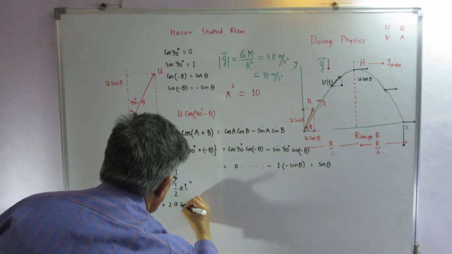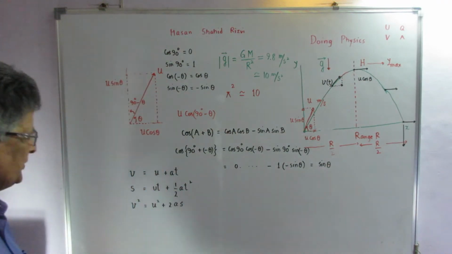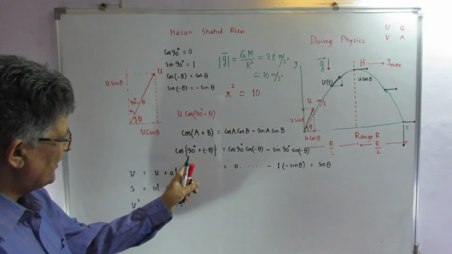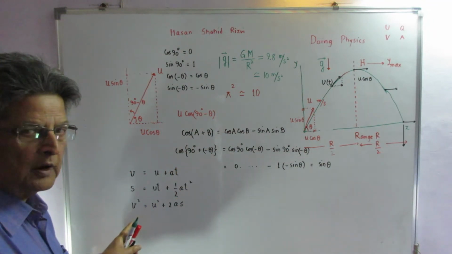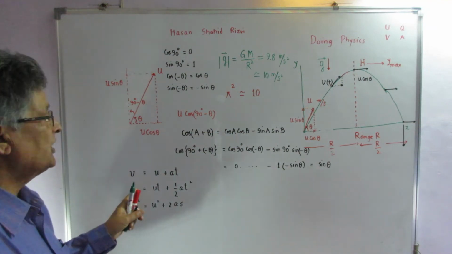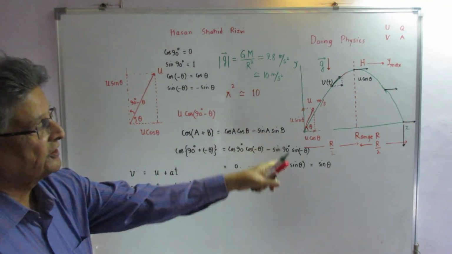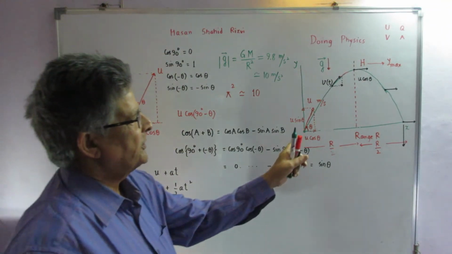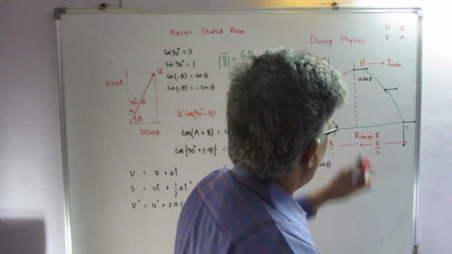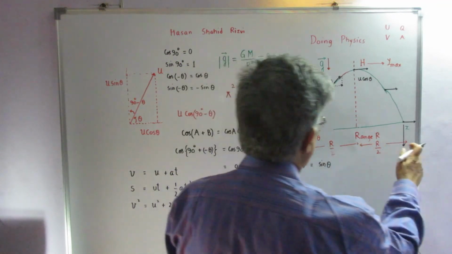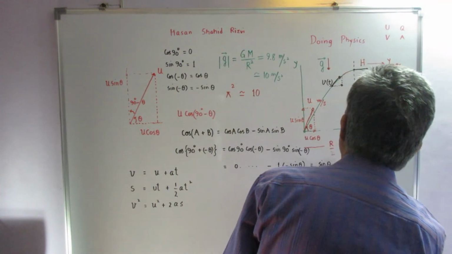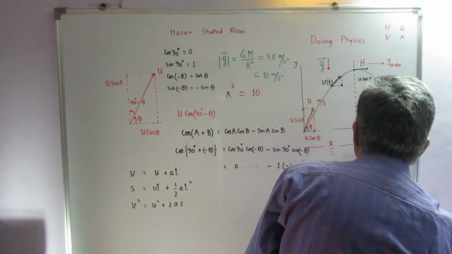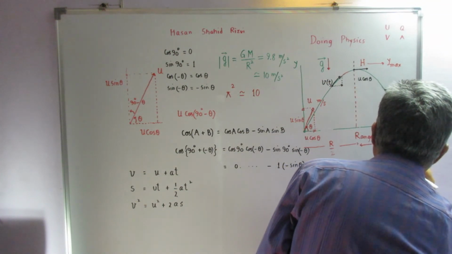You know s is equal to delta x. So with the help of this set of equations, both for the vertical component and for the horizontal component, we will be able to obtain the maximum height which is reached, the range that we obtain, and the total time of flight. So these are some of the equations that we obtain.